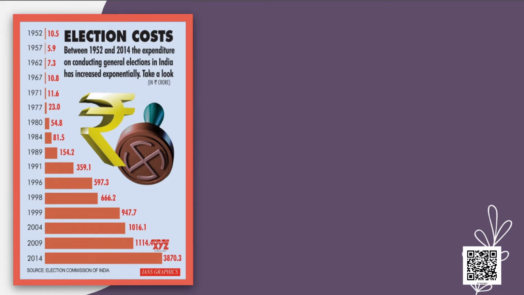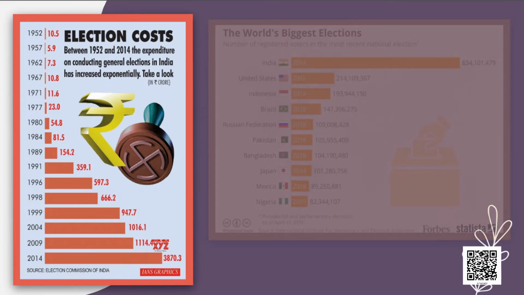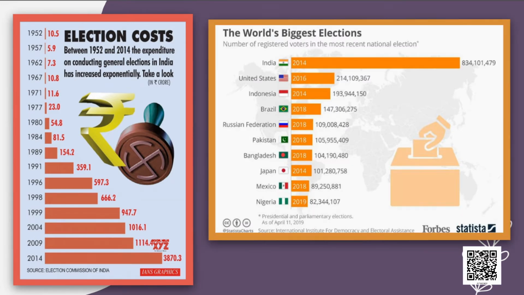Here you can see that they have shown how much conducting elections costs each time, and the numbers written are in crores of rupees. One more such graph shows the number of voters in each country in decreasing order. You can see India is at the top. Children, did you know India is the largest democracy in the world.